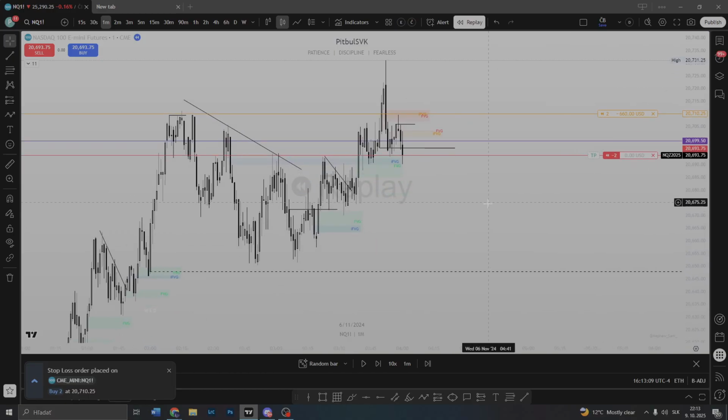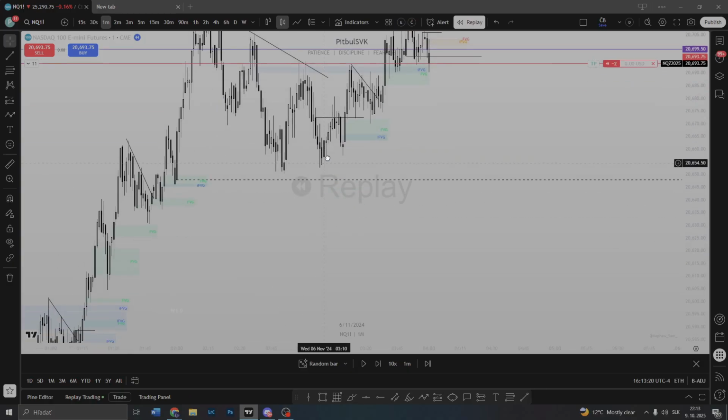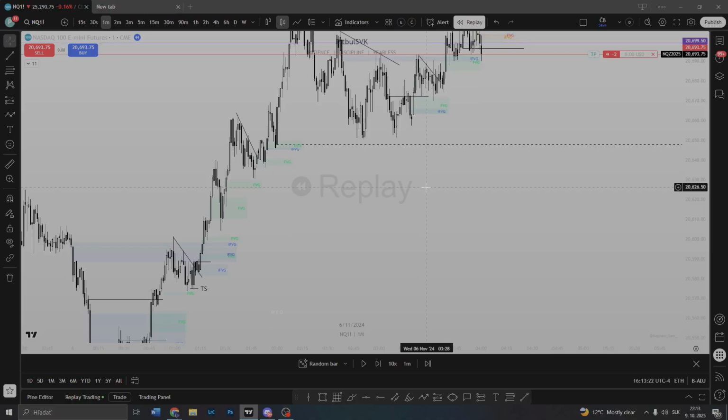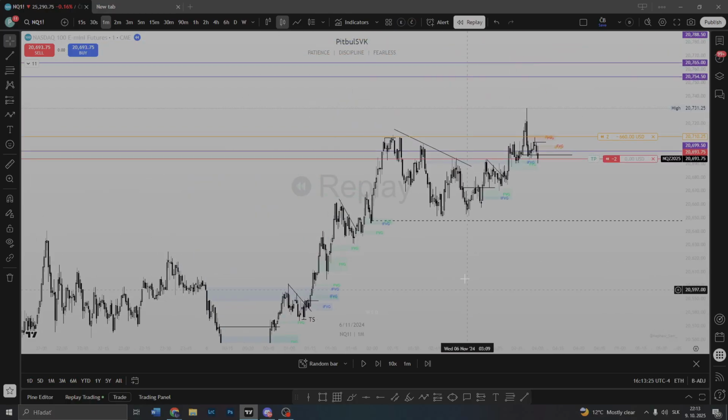In terms of TPs, the low hanging fruit right now, I would like to see us stepping to this internal equal lows right here. And then basically that should be the first TP, and then the runner should go maybe lower.